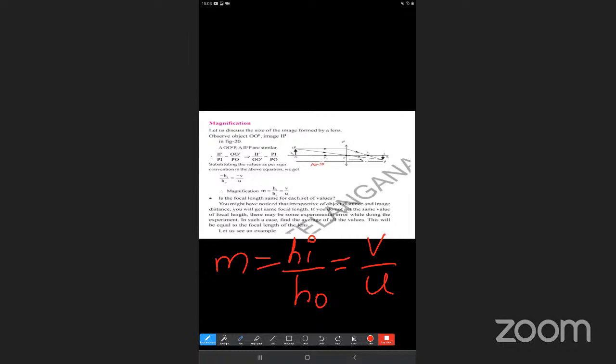Now, is the focal length the same for each set of values? Here we might have noticed that irrespective of object distance and image distance, you will get the same focal length.